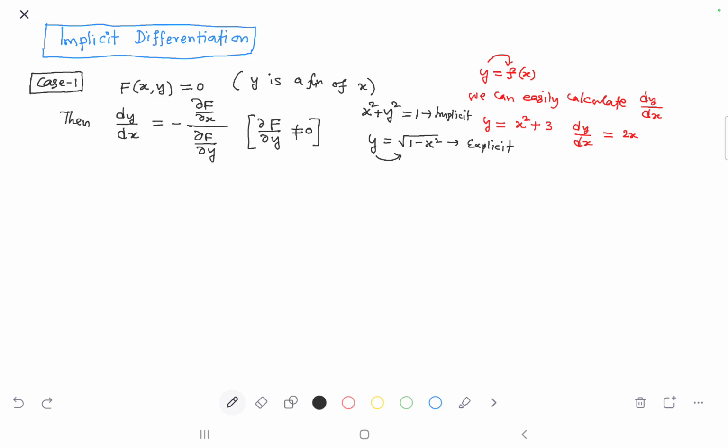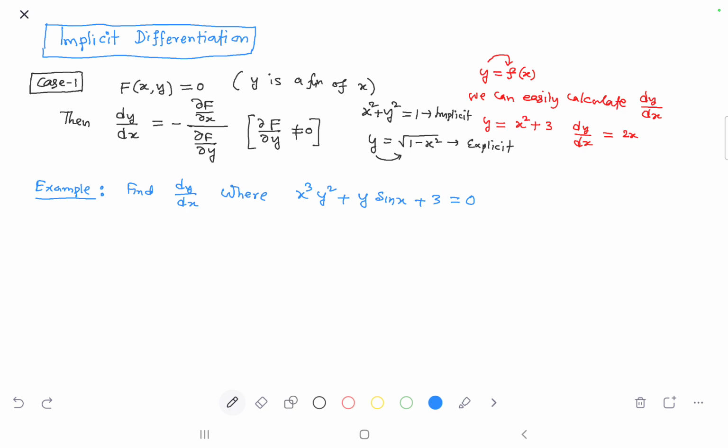So let me write a question here. For case one, the example. Find dy/dx where x cube y square plus y sin x plus 3 equals 0. Clear?